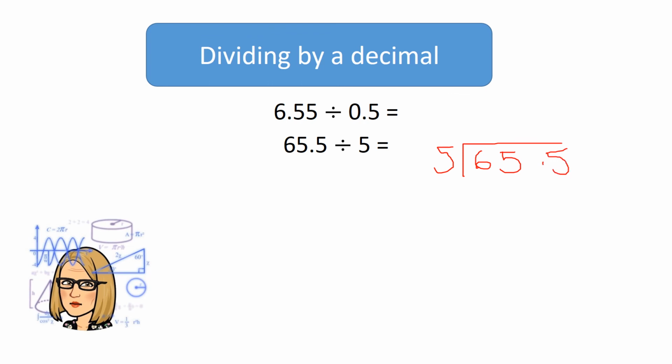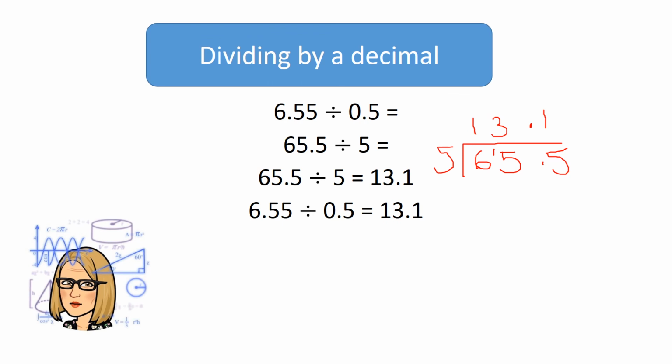How many 5s are there in 6? There's 1, remainder 1. How many 5s in 15? There's 3. This is where my decimal point goes. And how many 5s in 5? There's 1. So if I know that 65.5 divided by 5 is 13.1, 6.55 divided by 0.5 is also going to be 13.1.